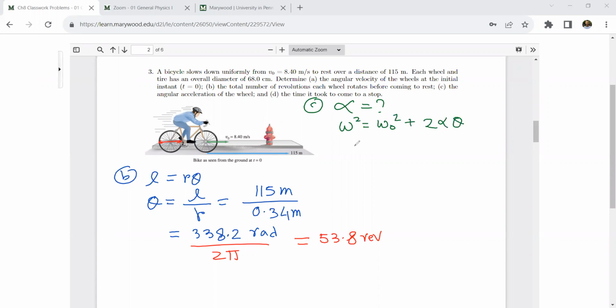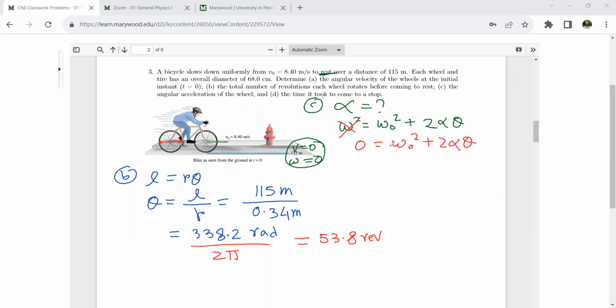As you know, the final velocity is equal to 0, so the final angular velocity is also equal to 0. The bike slows down to rest, so both angular and linear velocity are equal to 0. So the equation is now simpler.